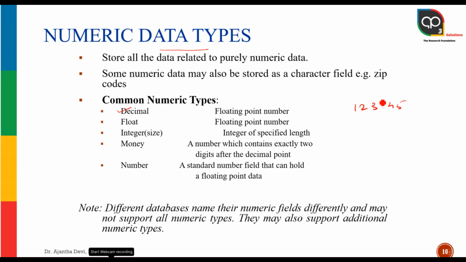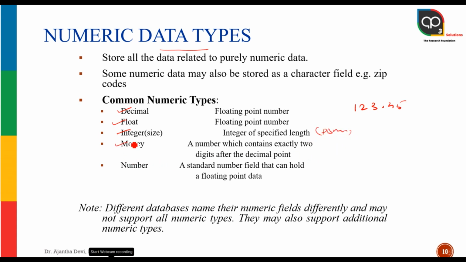Yes, great for accounting or precision calculation. Next comes float, for approximate numbers, not ideal for currency due to rounding errors. And next comes integer with a size. Yes, it stores whole numbers, and here the size may define precision or storage space, and that too depends on each DBMS.